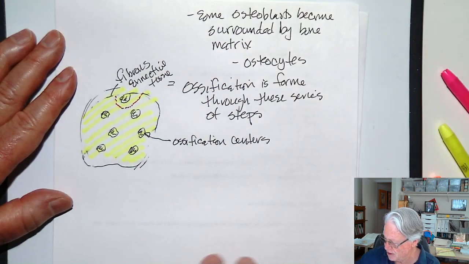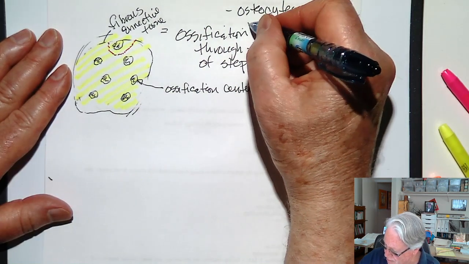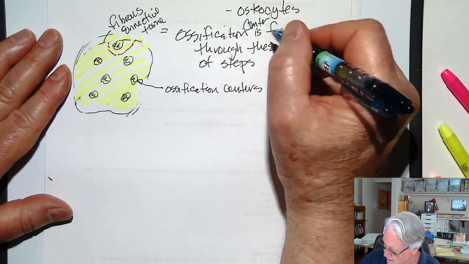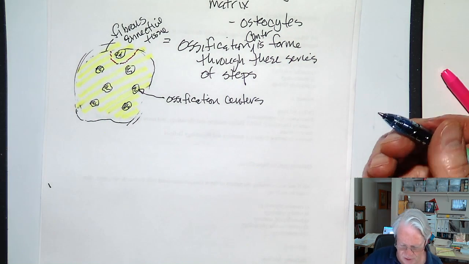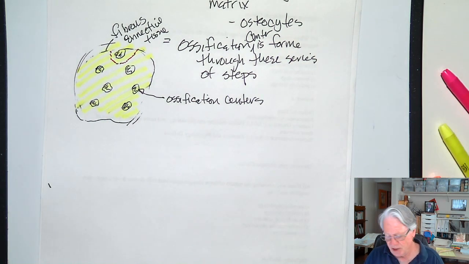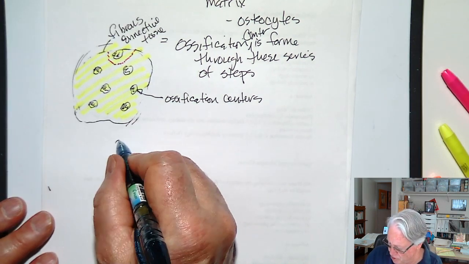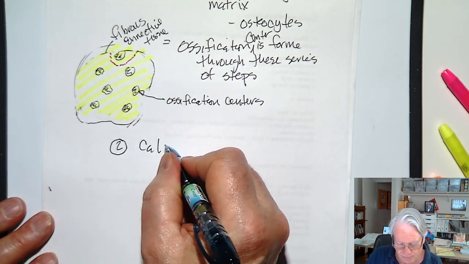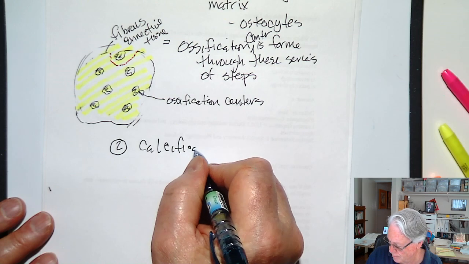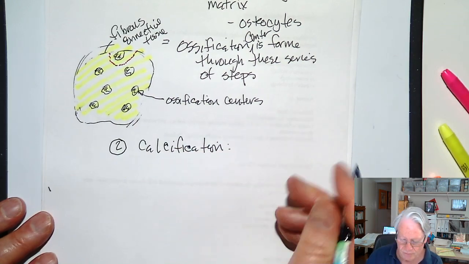Okay, so that's how the ossification center is formed, through this series of steps. The next step in the process, number 2, is calcification.